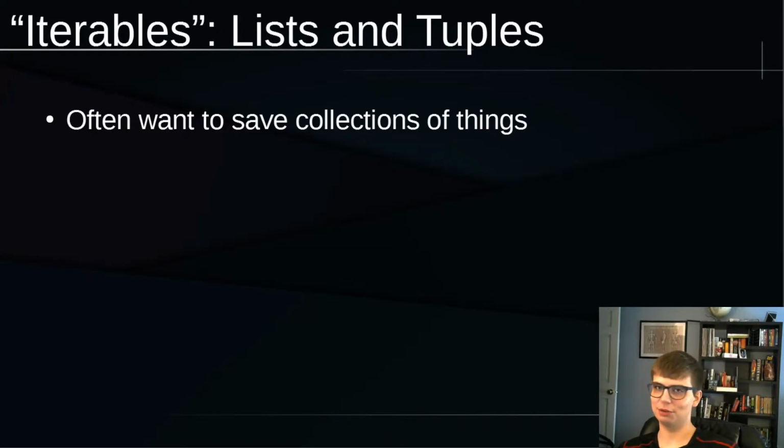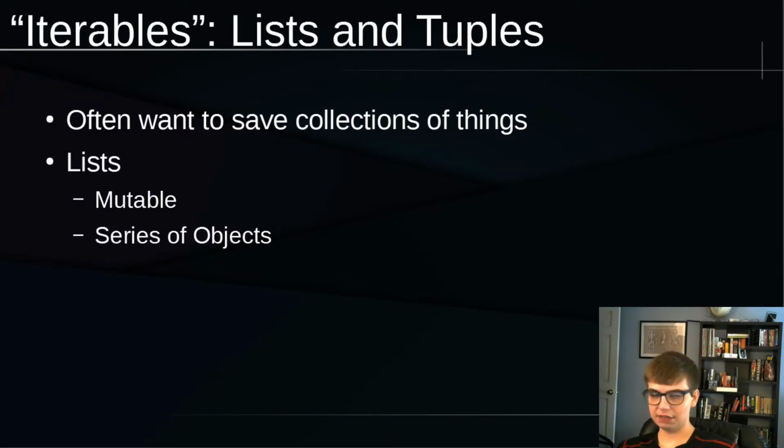We're not just working with one number, or else we'd be using a scientific calculator. We want to be working on large data sets. We're often working on scientific data where there could be literally millions and millions of samples, and we want to be able to collect those together and go over them one by one or do something to all of them.